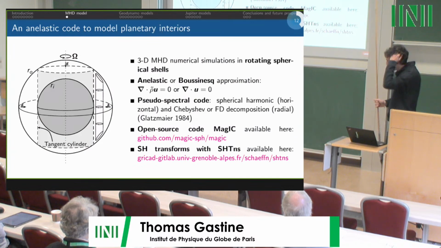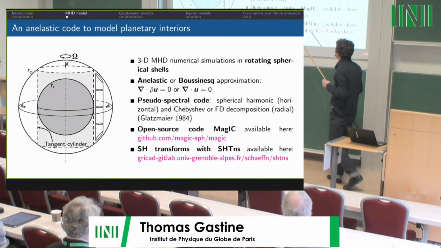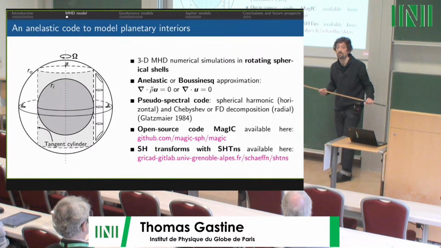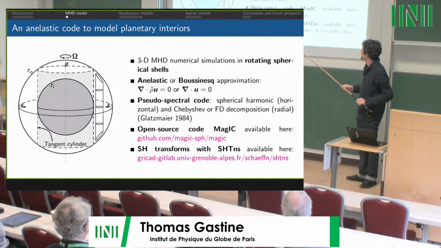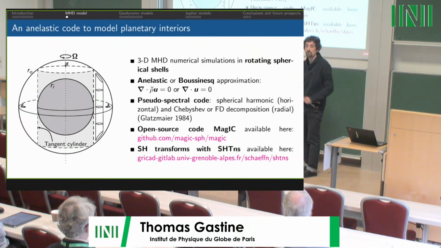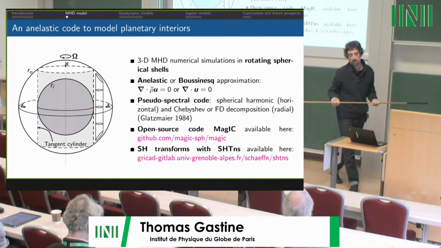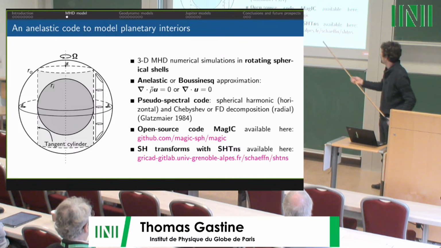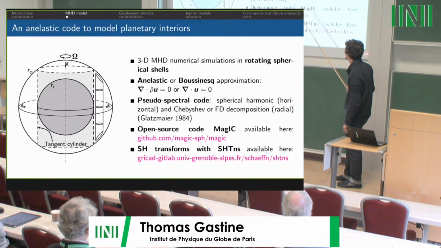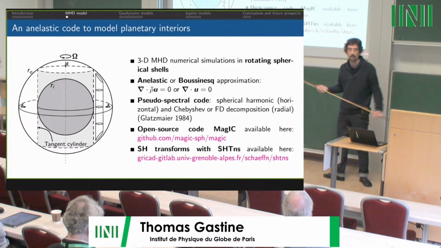Okay, so to work on this topic, we will consider numerical models, so dynamo models in a 3D rotating spherical shell. And we will be able to incorporate stable layers that are either located close to the core-mantle boundary or somewhere in the middle, to mimic the influence of helium demixing. We'll be considering either anelastic or Boussinesq models, and I will use the pseudospectral approach.